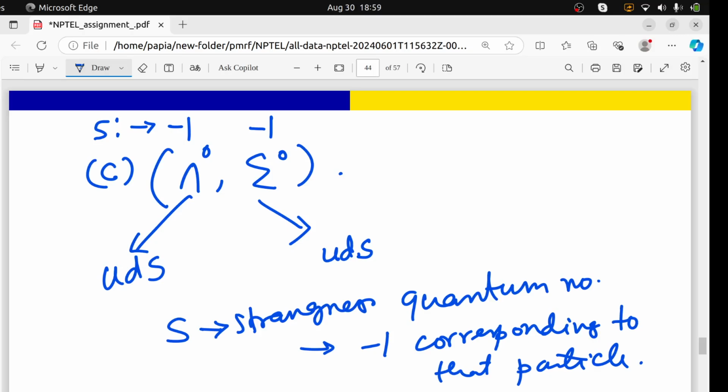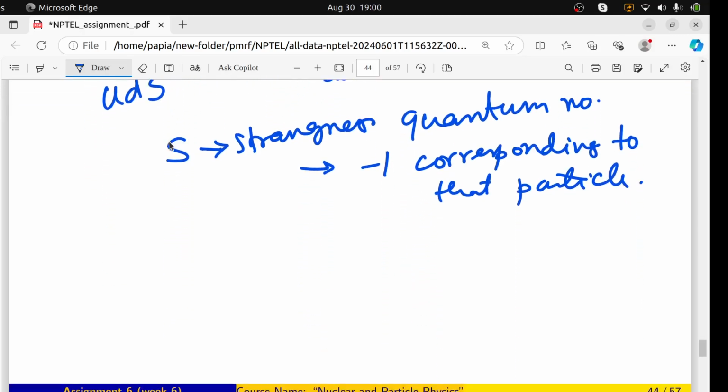So in that case you can see UDS. U is not a strange quark, D is not a strange quark, but S is a strange quark. Strange quark means it has the strangeness quantum number -1. So UDS gives a strangeness quantum number -1 for lambda 0. For sigma 0 also it will be -1 because it is also UDS.